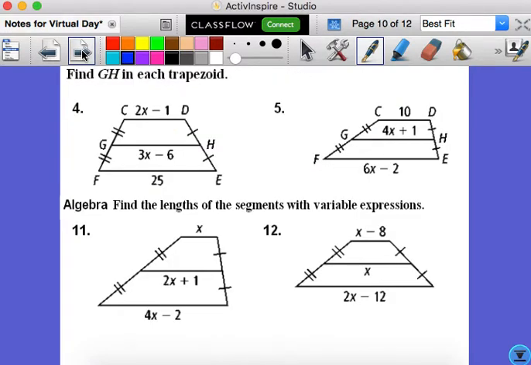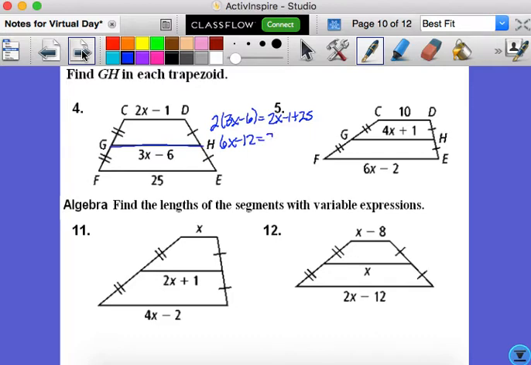So you've got a couple of practice problems here. I'm going to do number 4 with you. Then I'm going to recommend that you try 5 on your own. We always want to double the midsegment and set it equal to the sum of the bases, meaning we're adding them together.